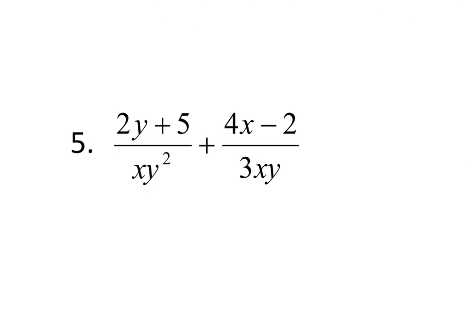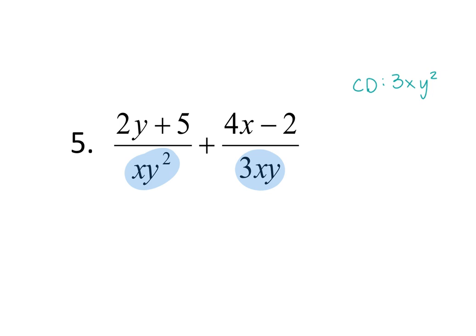So when we're looking at this, we want to compare our two denominators, okay? Looking at the left, we have xy squared. Looking at the right, we have 3xy. So we ask ourselves what's missing from our first fraction. Well, the common denominator here is going to be 3xy squared, okay?